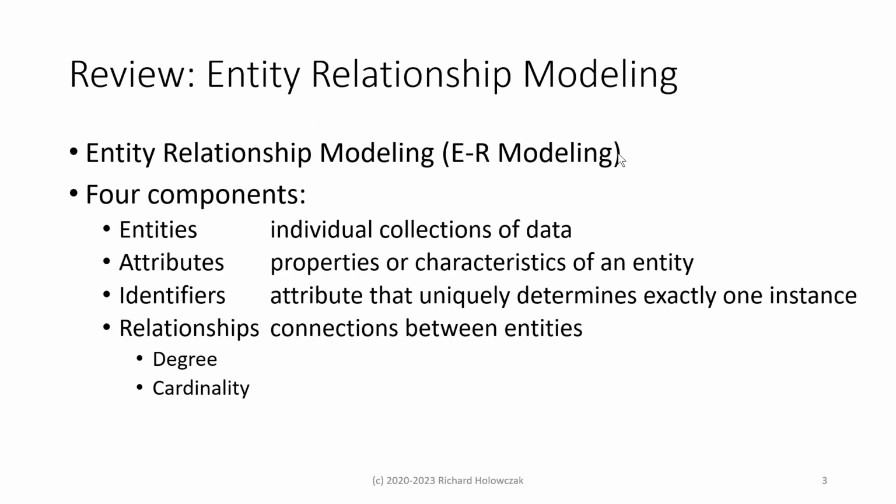In the prior Part 1 and Part 2 of this series, we discussed the 4 components of the entity relationship model, including entities, attributes, identifiers, and relationships. In Part 2, we spent a lot of time talking about the degree and cardinality of relationships. For this Part 3 of the series, we're going to talk about some additional modeling techniques that can help enhance your ER models and your diagrams.